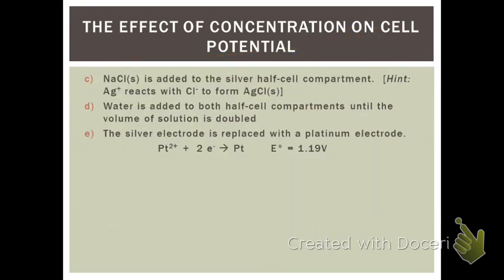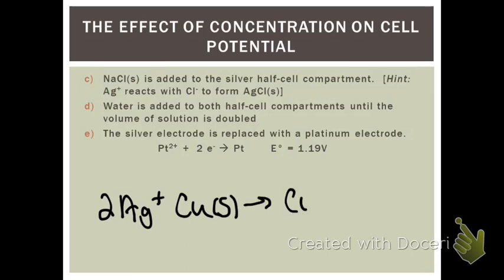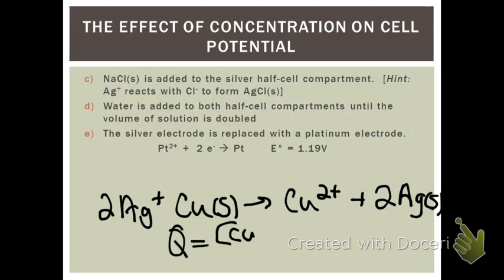Next, NaCl is added to the silver half cell compartment. Hint, the Ag+ will react with the Cl- to form AgCl solid. So I'm copying down my reaction here, just so we can see it again. And remember, my Q is as follows.